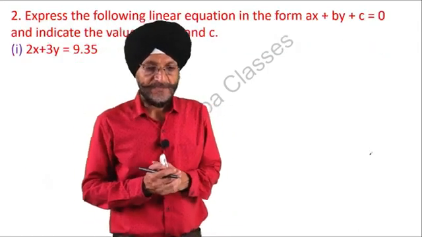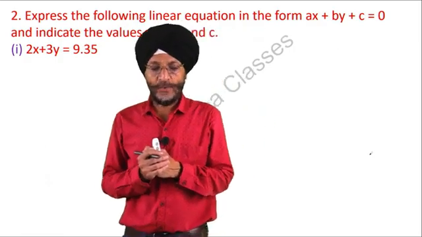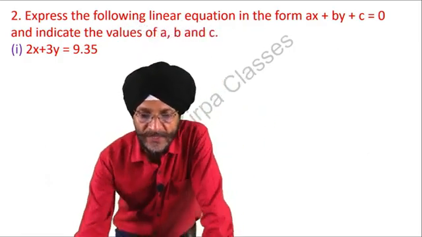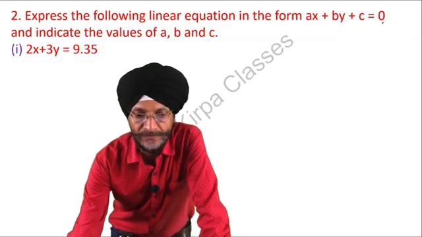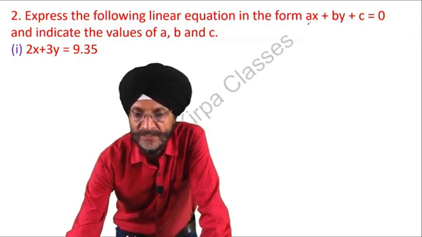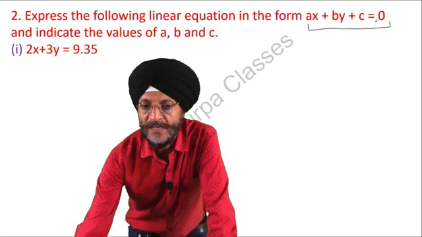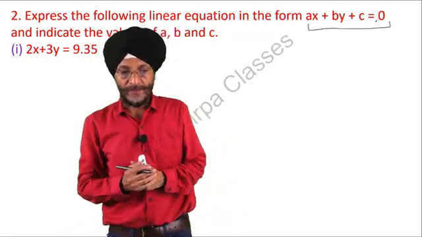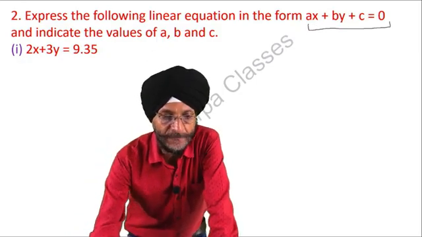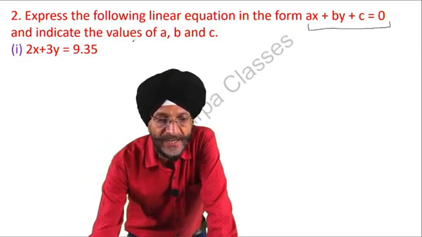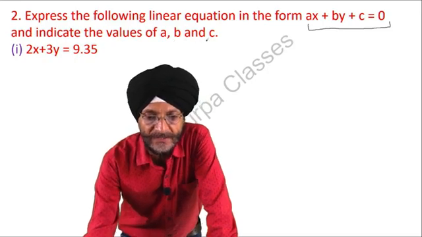Now the next is: express the following linear equation in the form ax plus by plus c is equal to 0. As you know, this is the general form of a linear equation in two variables, where x and y are variables, and indicate the values of a, b and c.